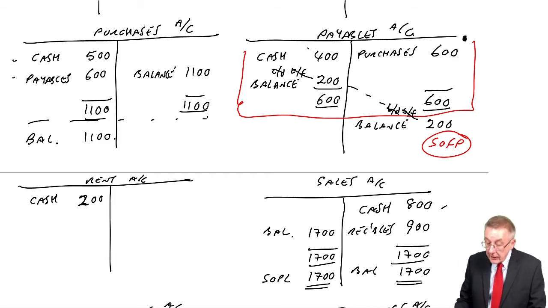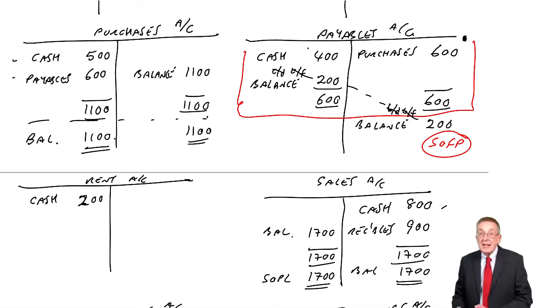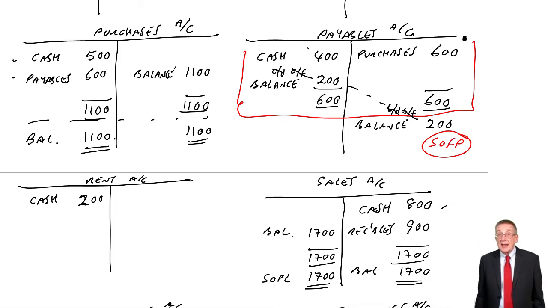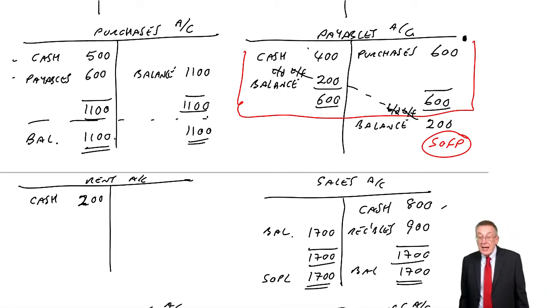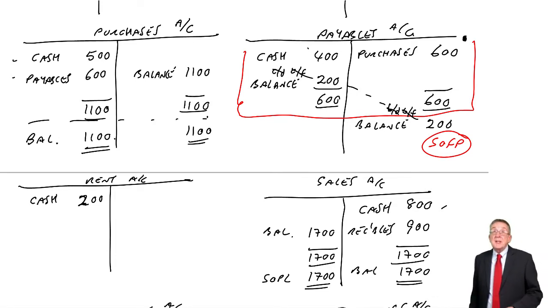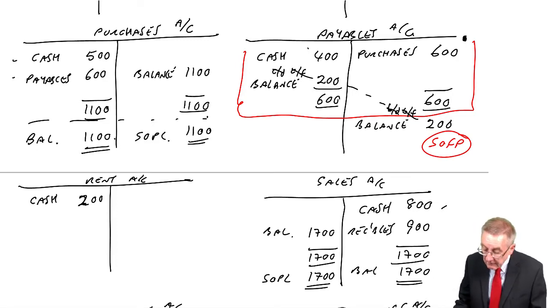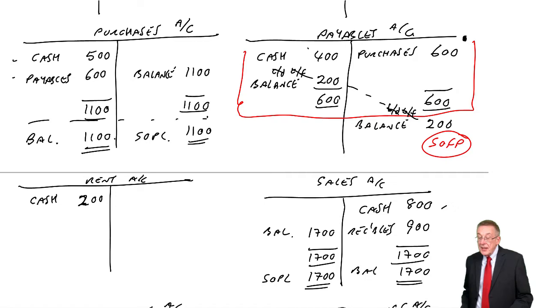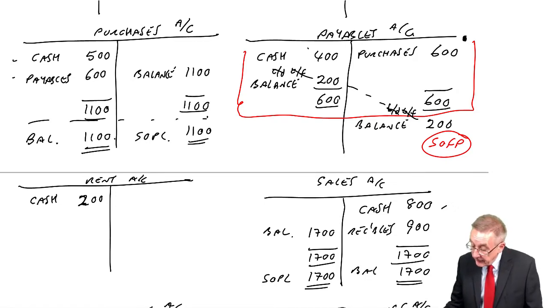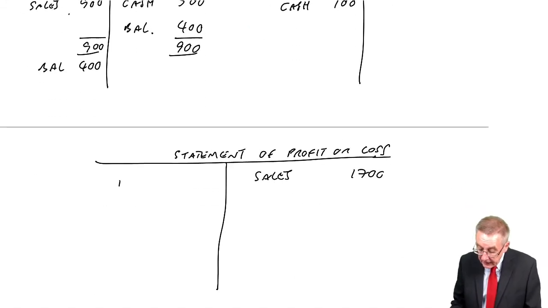It's a debit of 1,100. If I credit with 1,100, the balance is 0. We can use the same account next year. Where are we going to have a double entry? Purchases appear in the statement of profit or loss. Credit purchases, debit statement of profit or loss with 1,100.